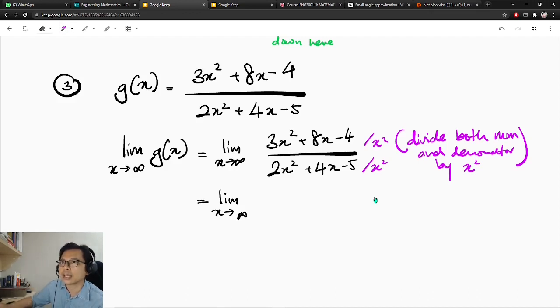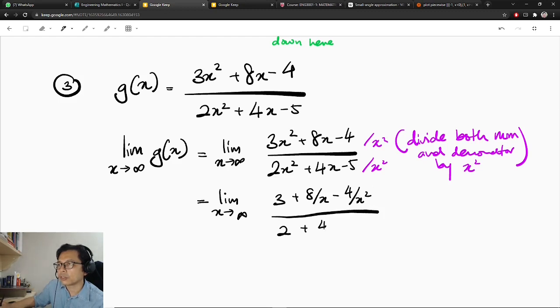So what I will get is, I will divide up here by x squared. What I will get is 3 plus 8 over x minus 4 over x squared. And down here, what I will get is 2 plus 4 over x minus 5 over x squared.